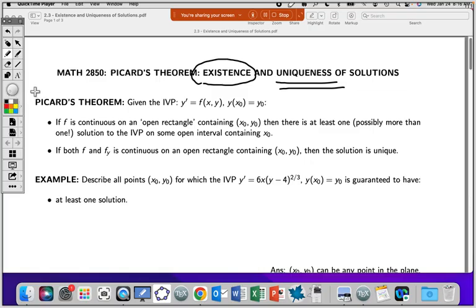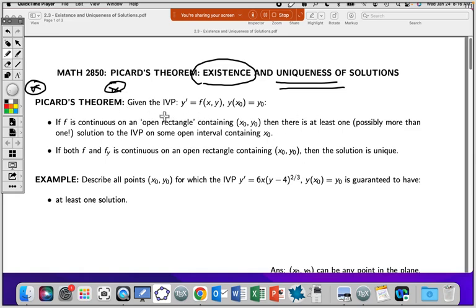So Picard's theorem really is the big theorem. We're not going to take time to prove Picard's theorem, but in the past, this has been a great student project. There's a nice iterative approach to proving Picard's theorem that I've seen. But basically, here's what Picard's theorem says.